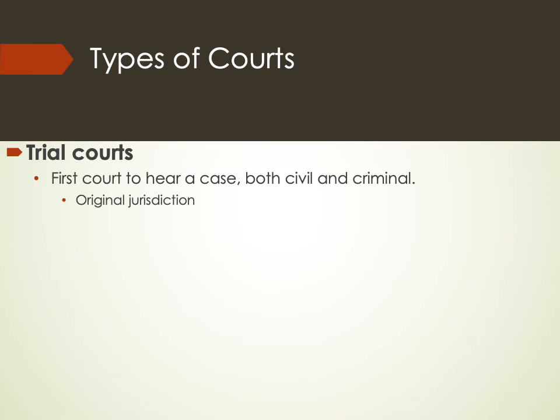And you have trials in both criminal law and in civil law, okay? Since it's the first court to hear a case, it's known as the court of original jurisdiction. In other words, it has the power and the authority to hear a case for the very first time.